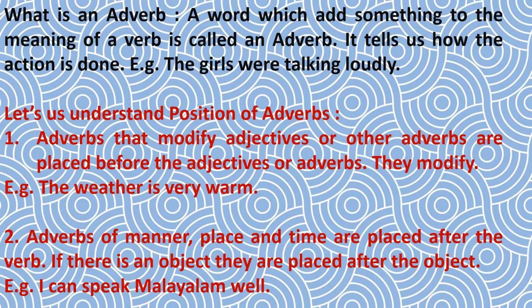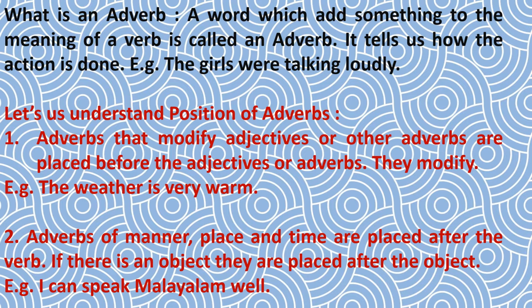Number 2: adverbs of manner, place and time are placed after the verb. This we have learned in the earlier lesson. Remember, they come after the verb. If there is an object in the sentence, they are placed after the object.